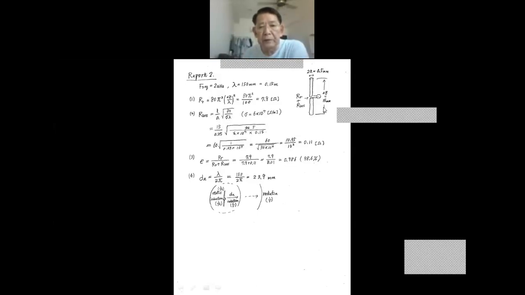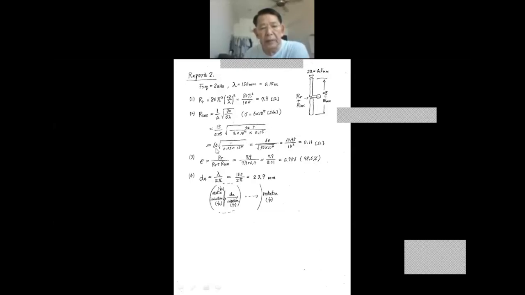L equals 15 millimeter, A equals half of this, so 0.25 millimeter, root of 30 divided by sigma, equal to 6 multiplied by 10 to the power 7, multiplied by lambda. Here meters should be used, so 0.15 meters.